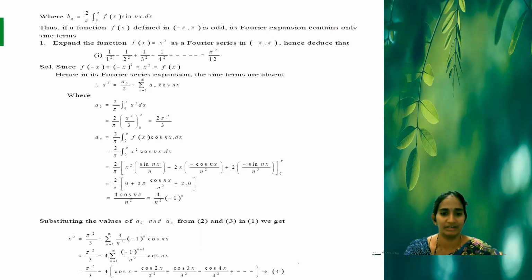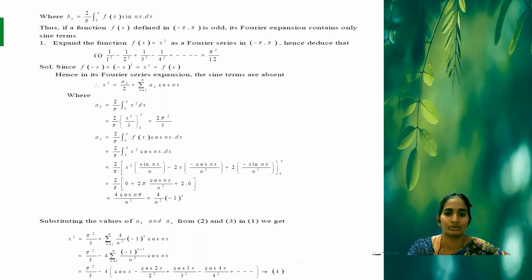Then only we need v. We find v, v1, v2. It's enough. Okay, so now we are applying u and v. u is x squared. The integration of cos nx is sin nx by n, minus the differentiation of x squared, 2x, times the integration of sin nx by n, which is minus cos nx by n squared.